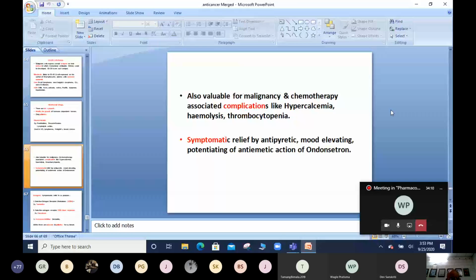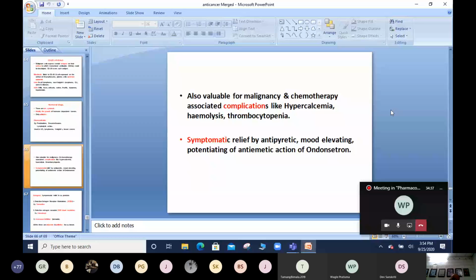In addition to lympholytic activity, these corticosteroids are also valuable for malignancy and chemotherapy associated complications. What are these complications? Hypercalcemia, hemolysis, thrombocytopenia.